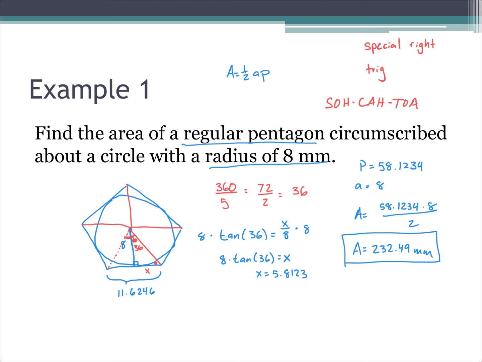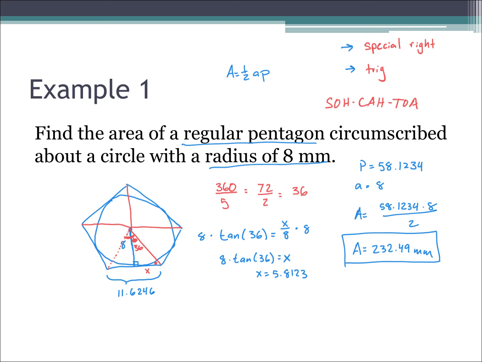Okay? Number 2, I want you to notice that there is a bit of flexibility involved. I had special right triangles as an option, I had trig as an option, and then I had the apothem and I had to find the side length. Like I said earlier in the video, the majority of the work for these problems is finding the pieces.